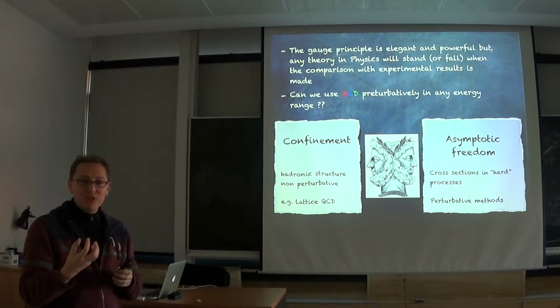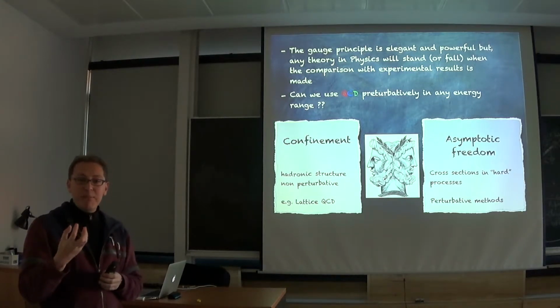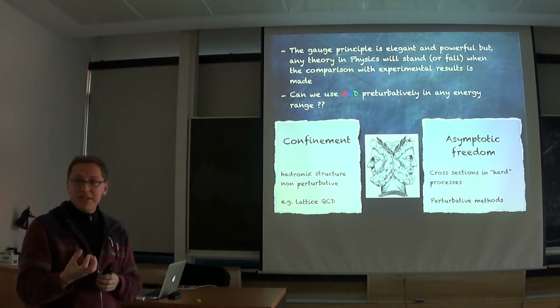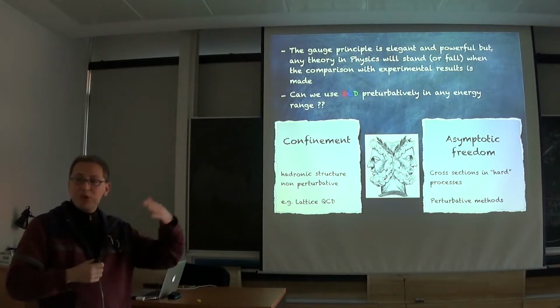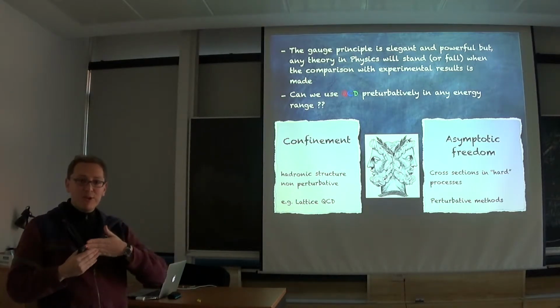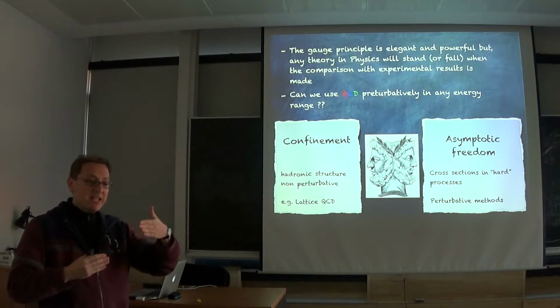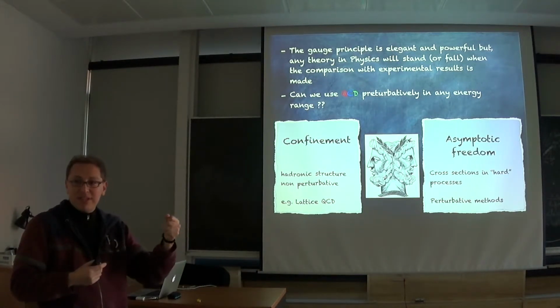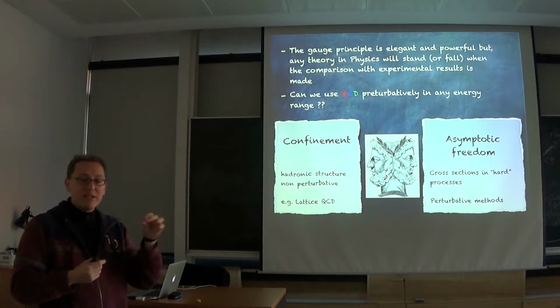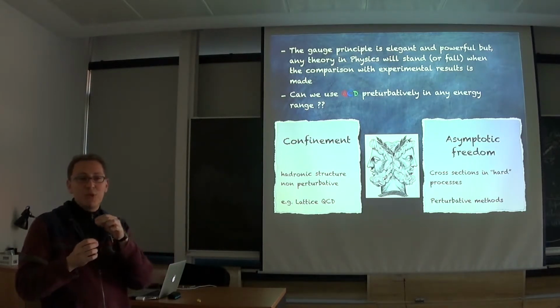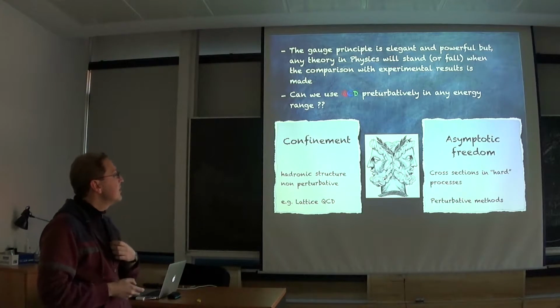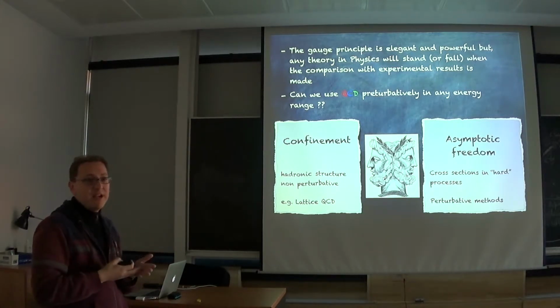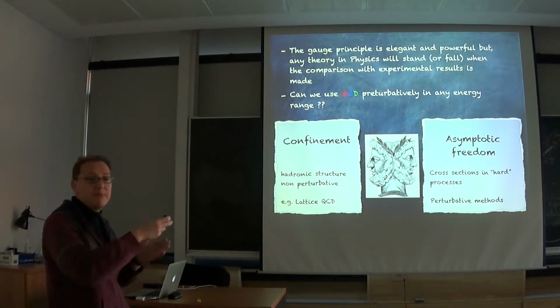So in this moment, you say, okay, my perturbative series is okay. But when I am going to detect the particles, they are going to travel some time, and I am not going to detect free particles. I'm going to detect condensed particles. So this transition from one side to the other is what we call asymptotic freedom and the confinement regime.